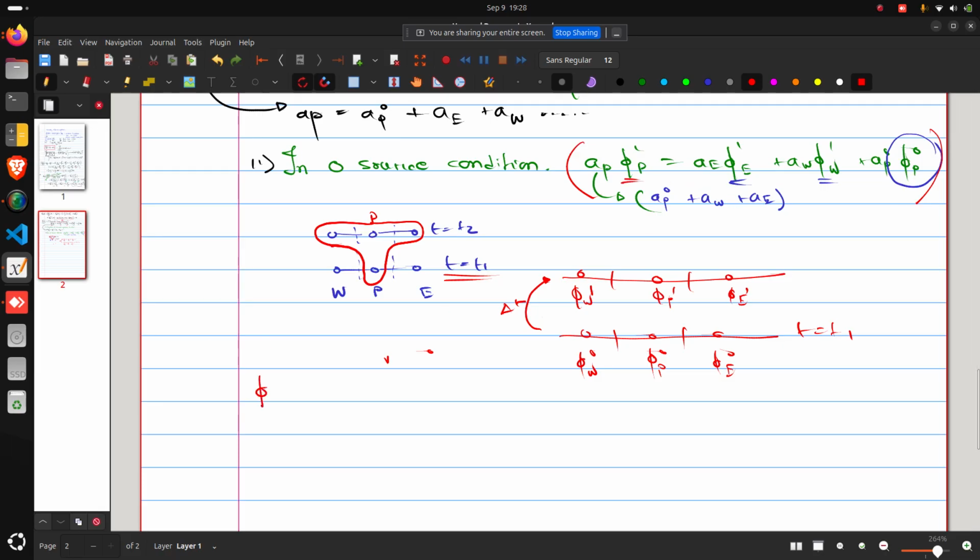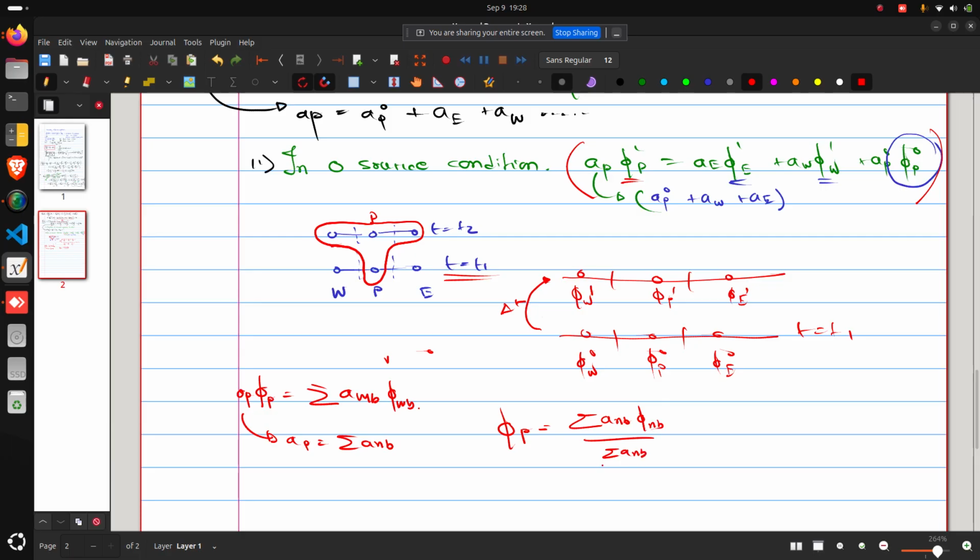Before we had A_P phi_P is nothing but a summation of A_nb and phi_nb and B, and A_P was nothing but the summation of A_nb. So what does this actually mean? We can write that phi_P is nothing but the summation of A_nb phi_nb and B, divided by the summation of A_nb, which is A_P.